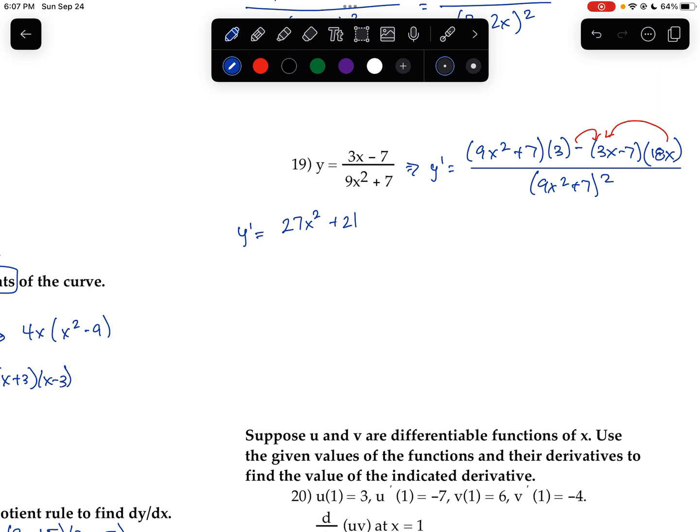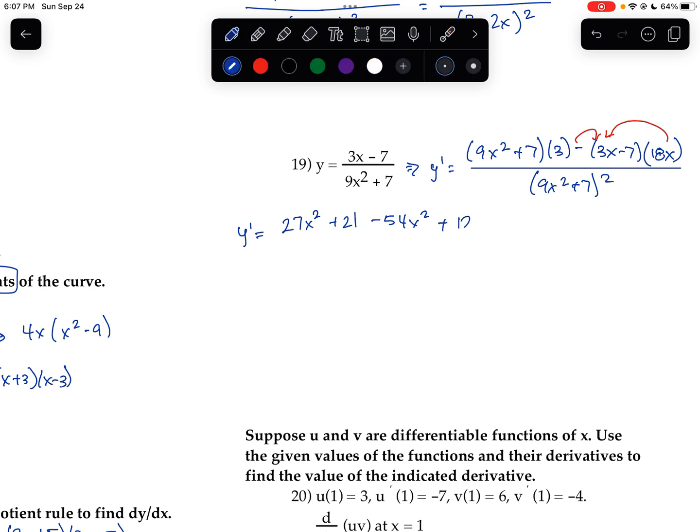So 18 times 3, I want to say that's something like 54. Let me double check. Yeah, that's 54. So minus 54x squared. And then that would be plus, because you have to distribute the negative here and the positive 18. So 18 times 7 is 126.